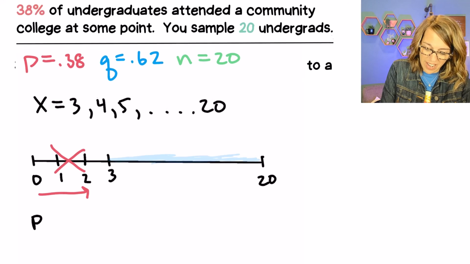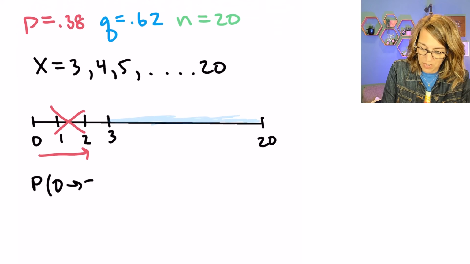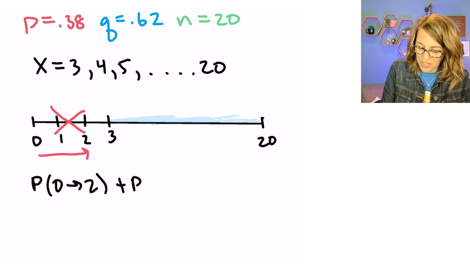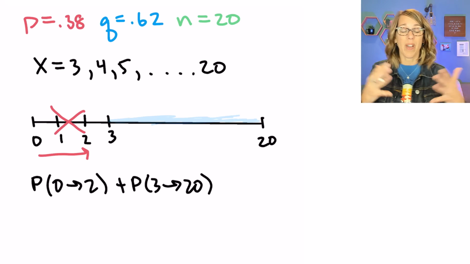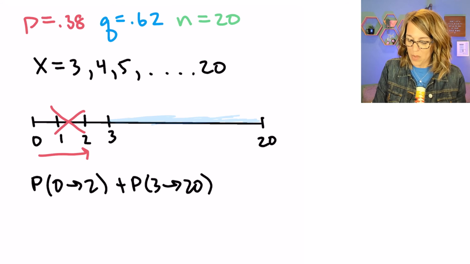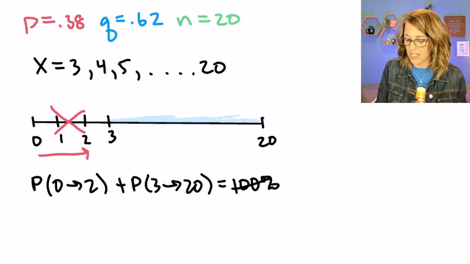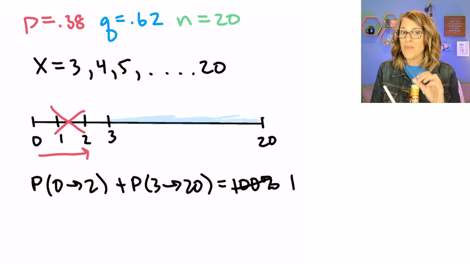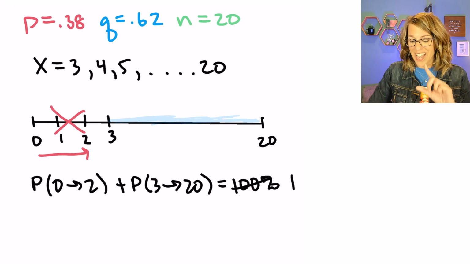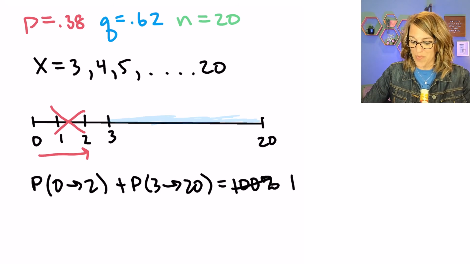The probability of 0 to 2 plus the probability of 3 up to 20, those are all of the possible values that I can get. That probability is 100%. Or I can say that that's equal to 1. So when I'm figuring out my probability, I want to subtract what I don't want.